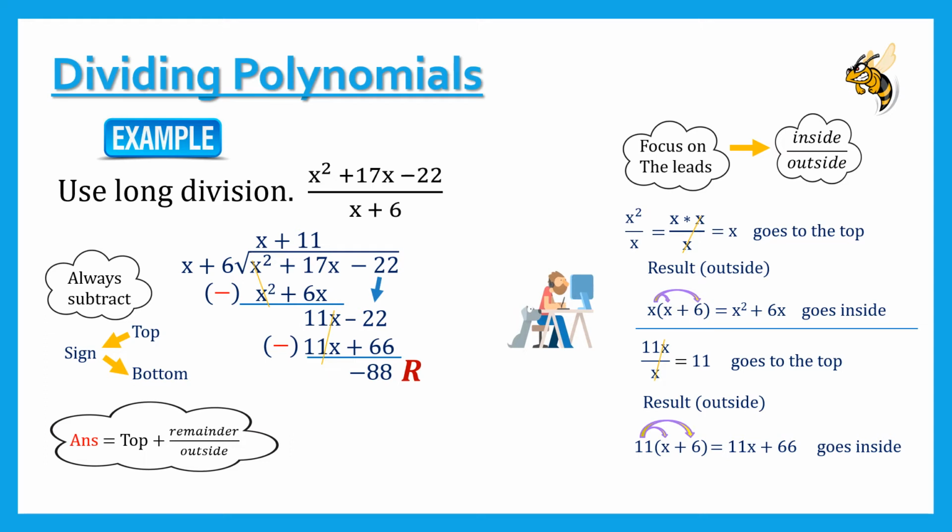Your answer will be the top plus the remainder over the outside, or what you're dividing by. So my top is x plus 11 and it's a negative 88, so it's going to be minus 88 over x plus 6, and that's the final answer.